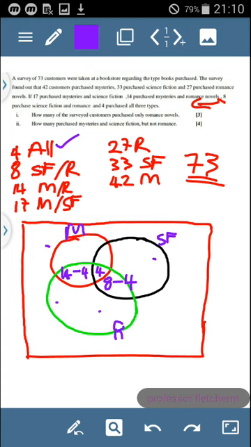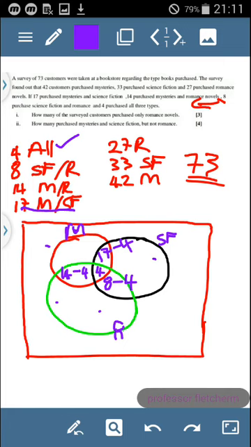And then we had again 17 for mysteries and science fiction. Mysteries is here, science fiction is there. So from there we are going to have 17 again, and we subtract 4 because they bought all the books.